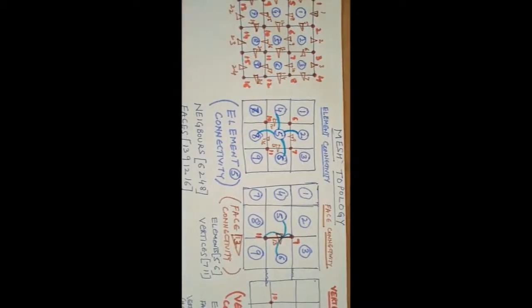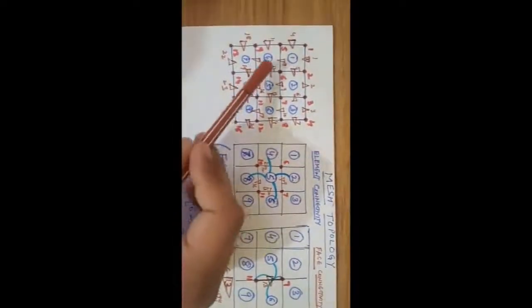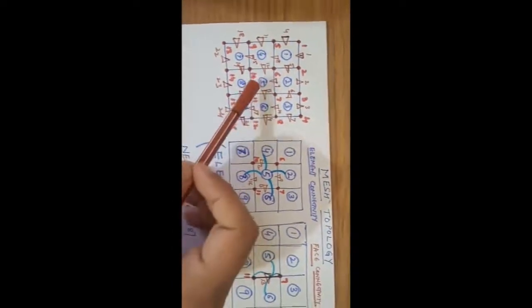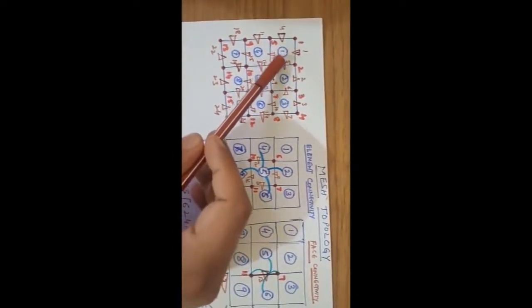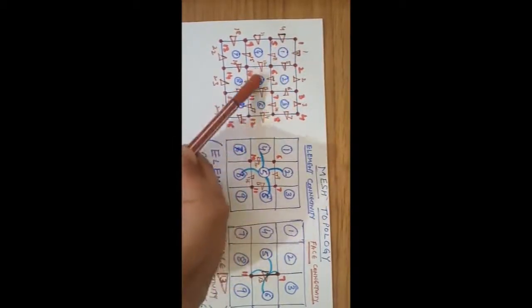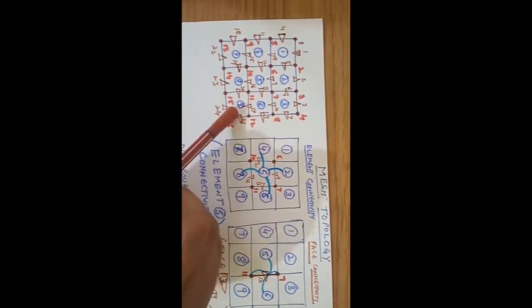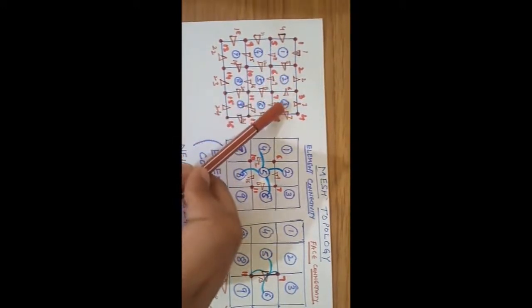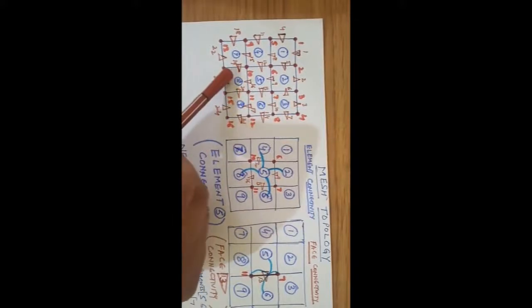Now to better understand this concept, let's look at an example. So this represents a mesh in which we have defined different kinds of constituents. These boxes are essentially called elements, and these have been represented using these numbers enclosed in circles.